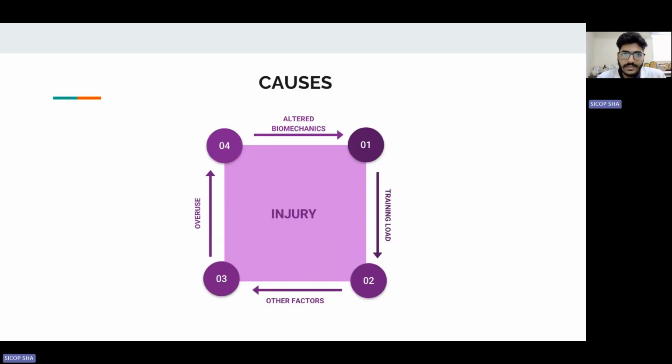So as I've explained earlier, the load deformation principle, if you're stressing the soft tissue into the plastic region without giving it proper rest, it will go into permanent deformity and cause an injury. So the most common causes which happen are because of the altered biomechanics and the errors in the training of the runner, and some miscellaneous factors which we'll be seeing soon.